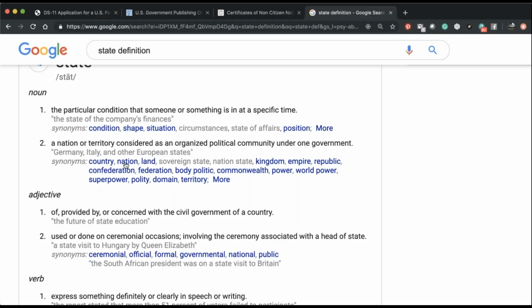Synonyms: country, nation, land, kingdom, empire, republic, confederation, federation, body politic, commonwealth, power, world power, superpower, polity, domain, territory. So really the synonym is country, nation, or any of these other names. Empire. So the state you were born in is your country. It's your status.